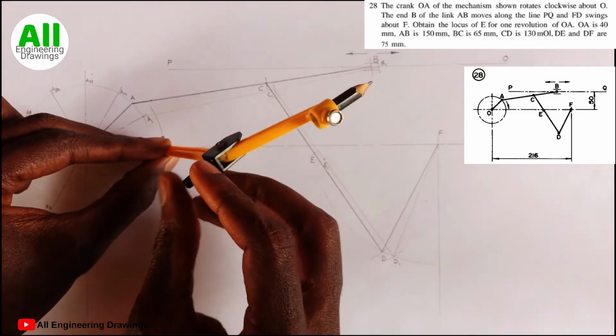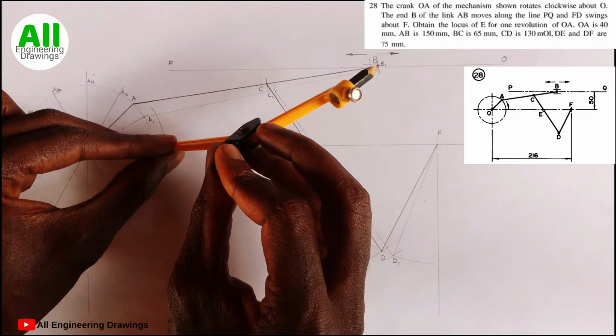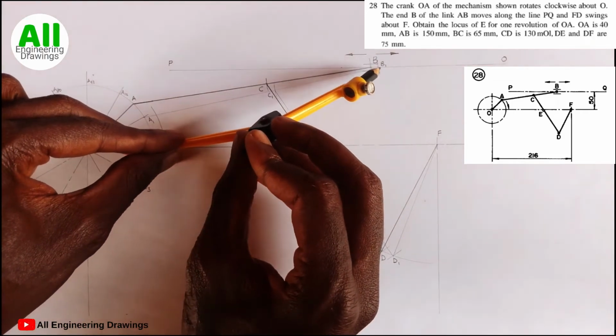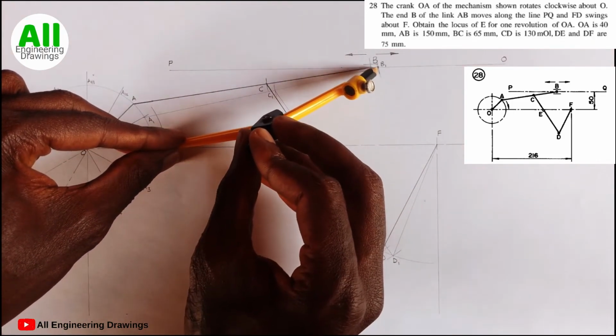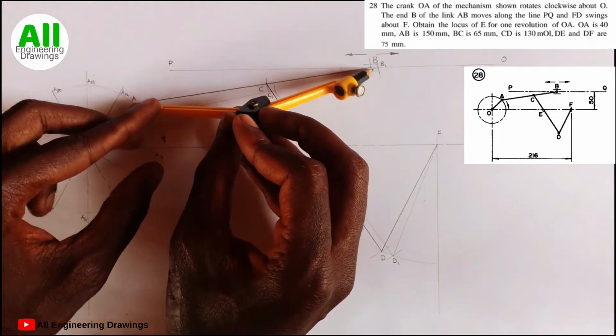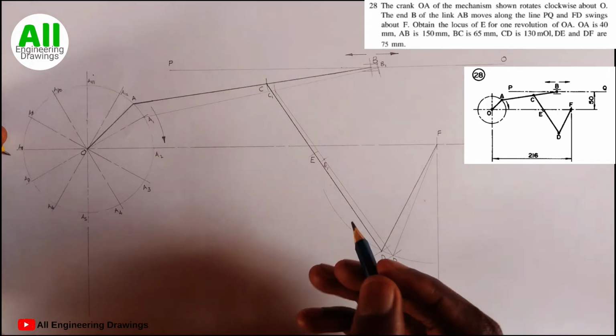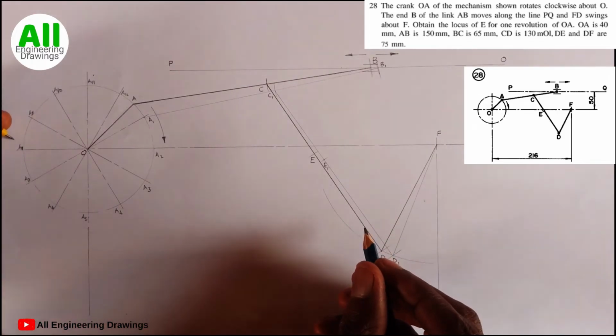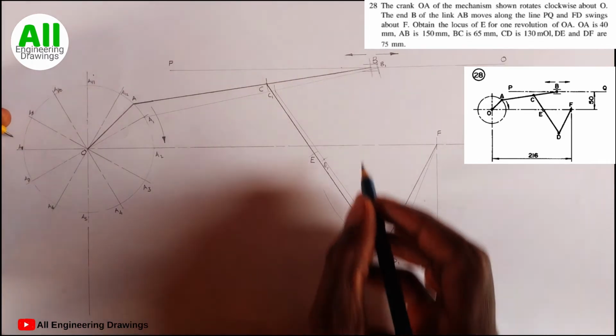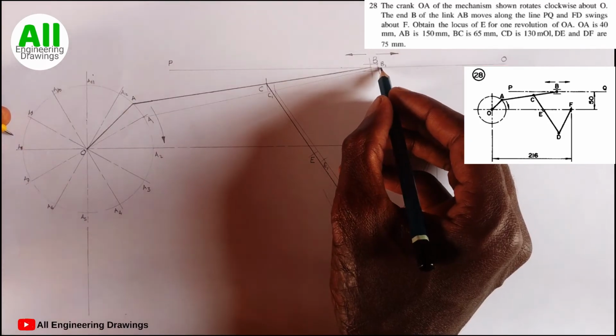Therefore, I will cut an arc on line PO. The point where the arc intersects PO, I will label that point B2.